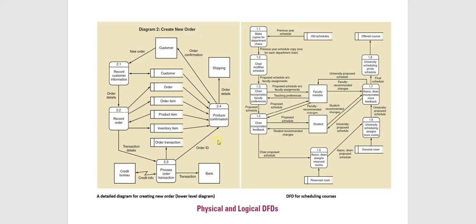But usually logical data flow diagrams are drawn as if the system might be implemented with any technology, right? In fact, one way that business analysts develop the logical data flow diagrams is to assume that the system is implemented with perfect internal technology, right?